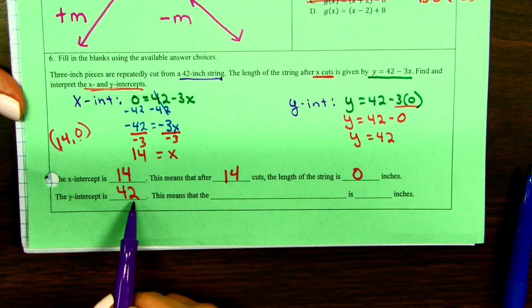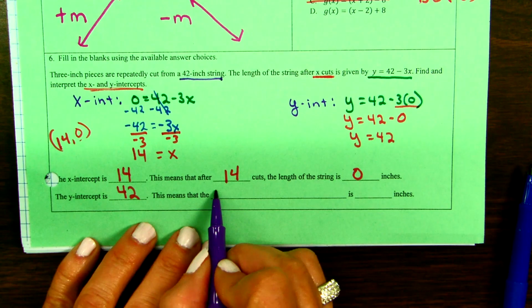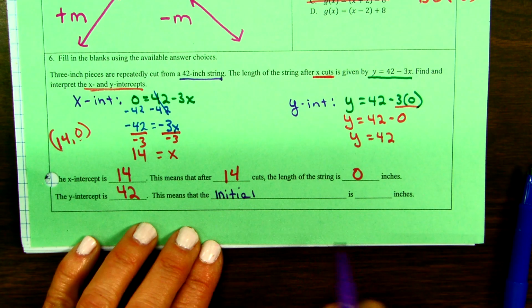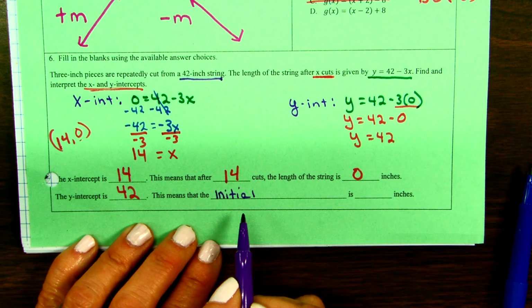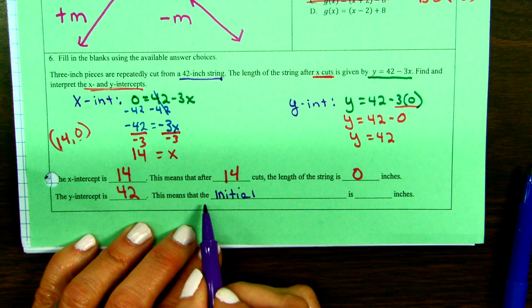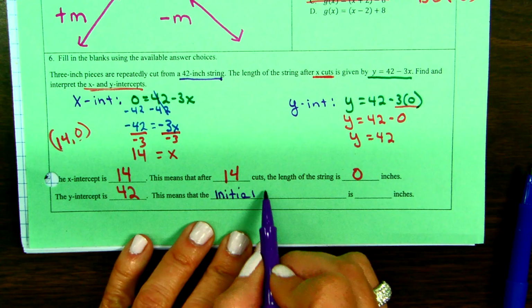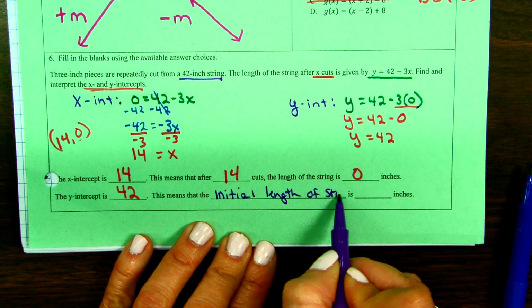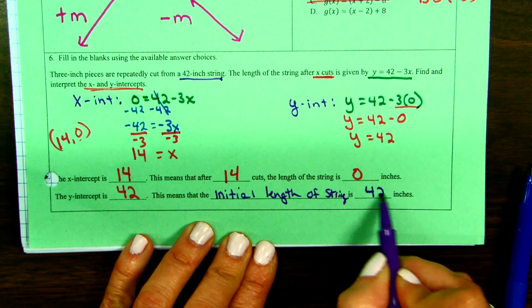So the y-intercept 42 means that the initial, why am I using that word? Because I think you're going to see it. It sounds like a fancy word, but initial just means what you started with. That the initial length of the string, what we started with, is 42 inches.